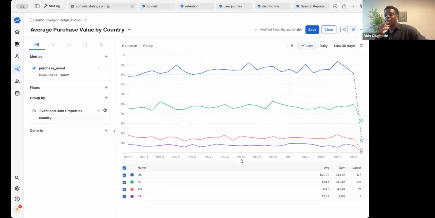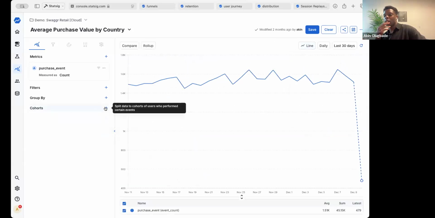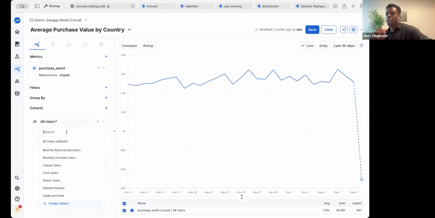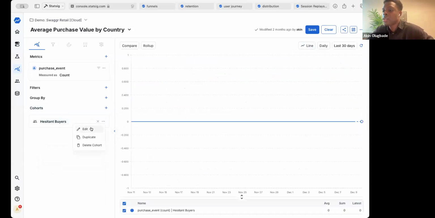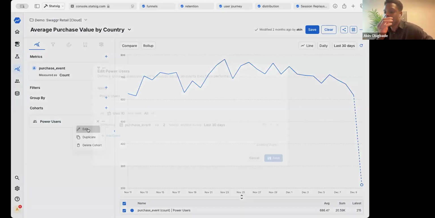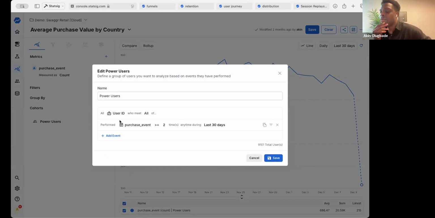And then, as I mentioned before, you can also define these cohorts, right? So this is all users, but you can scope to casual users or power users. These cohorts are defined as behaviors, right?